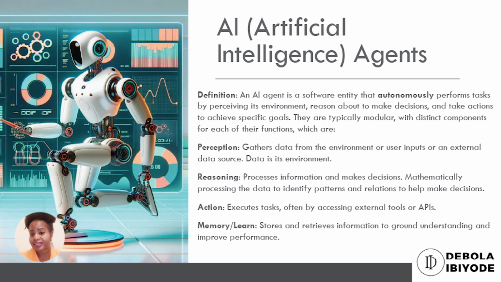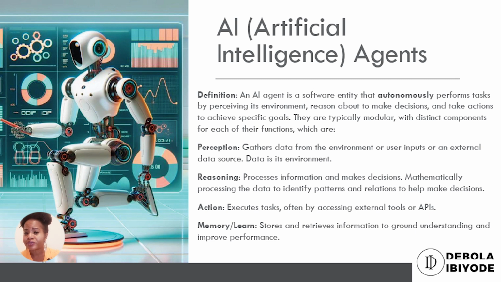So I'll say that again. AI agents are software entities that are designed to autonomously or independently perform tasks by perceiving the environment, reasoning about the environment, and taking actions based on decisions made during the reasoning process on their environment.